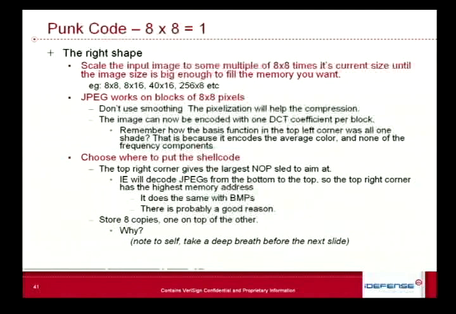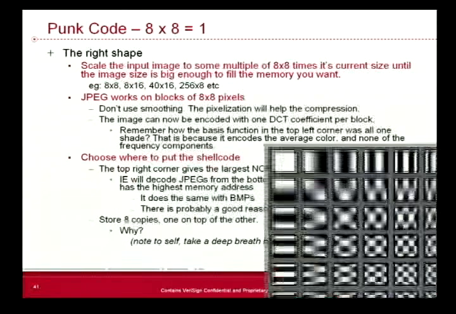I think I mentioned that already. The image here, you can now decode that entire block with only one DCT coefficient per block. If you remember the top left-hand corner of the basis function, it was all one shade. It's because it encodes the average color and none of the frequency components. So if it's just a single square, it's just going to be one value set, and the rest of the coefficients are going to be 0.